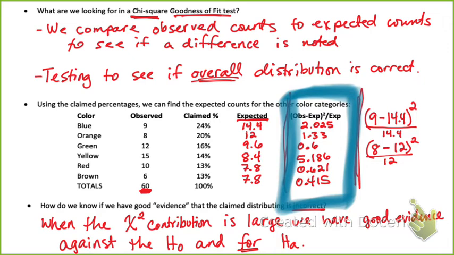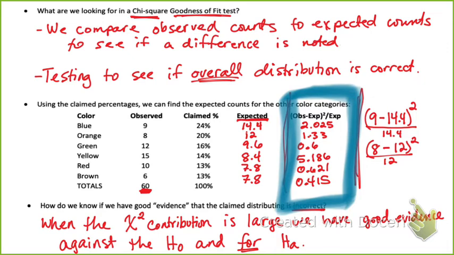That means that there's no difference at all. I got exactly what I was supposed to every single time for every single color. So in a very, very perfect world, which does not exist, I apologize for that PSA, these would all be zeros because those observed and expected numbers would be exactly the same every time. And all of these would add up to 0.